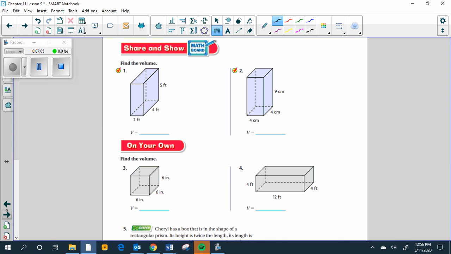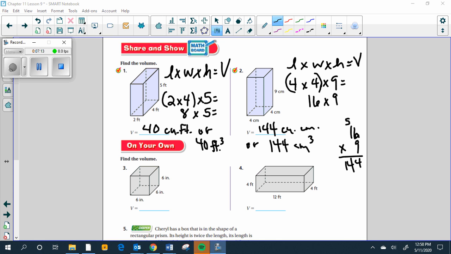All right, let's give a shot to number 1 and 2. Pause the video while you work that through, and then check back again. Remembering our formula for volume, length times width times height equals the volume. The length is 2 feet, the width is 4 feet. Together that would give us the base.